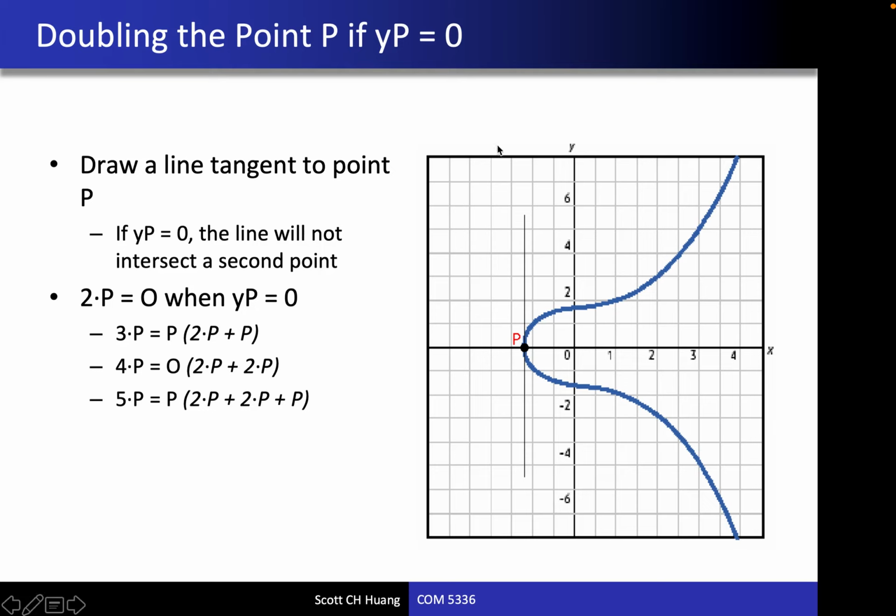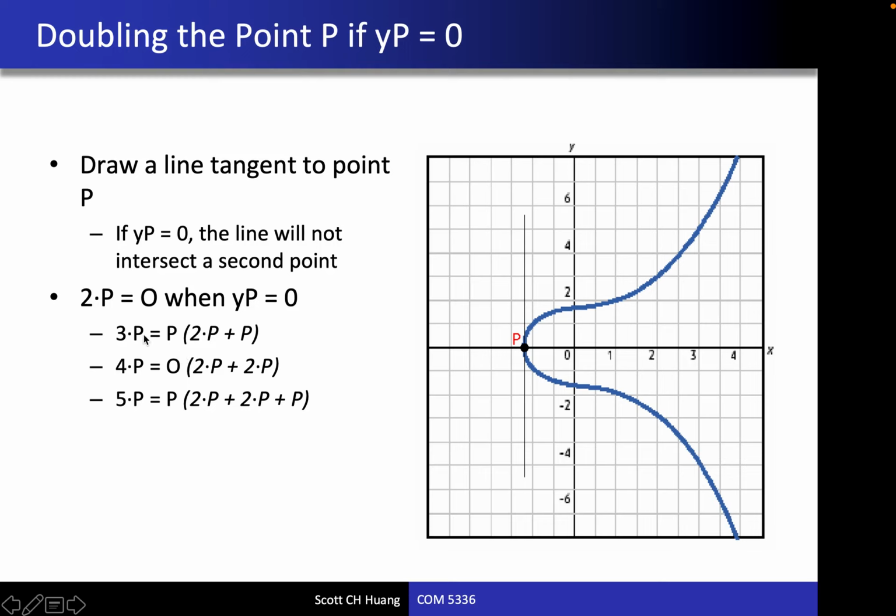Since 2P is the point at infinity, which is the identity, when the identity is added to P, 2P plus P, which is actually 3P, 3P is equal to P. And then 4P goes back to point doubling, because P plus P is the point at infinity.